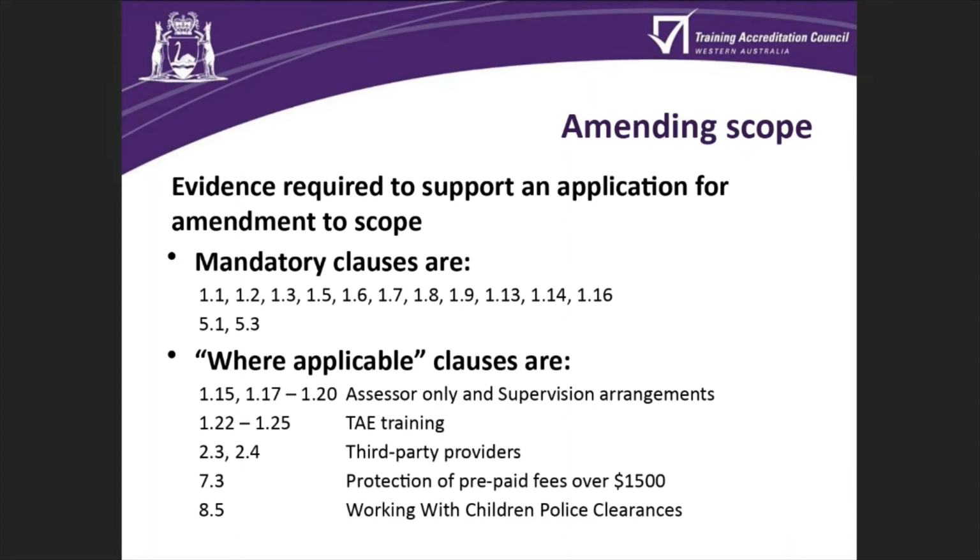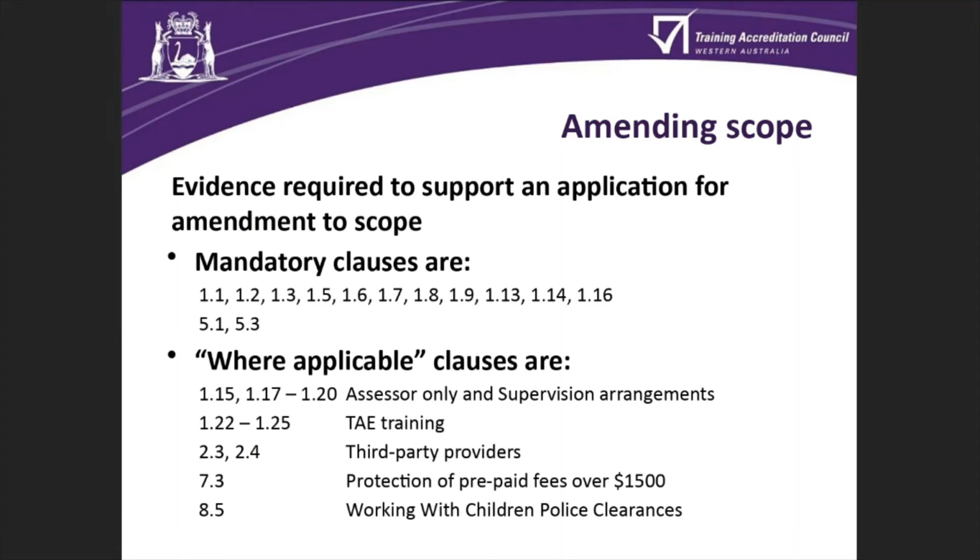Then you need to reconsider whether or not your new cohort of students has new needs in terms of support. So standard 1.7 looks at the sort of support services that you're providing. And given that you're moving into new scope, there may be new demands in that respect.